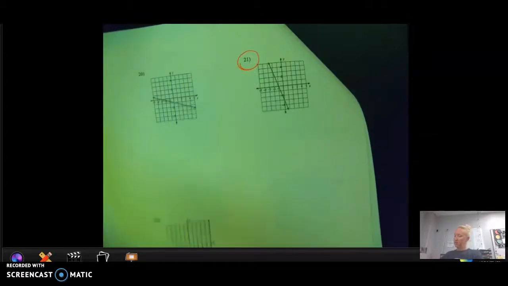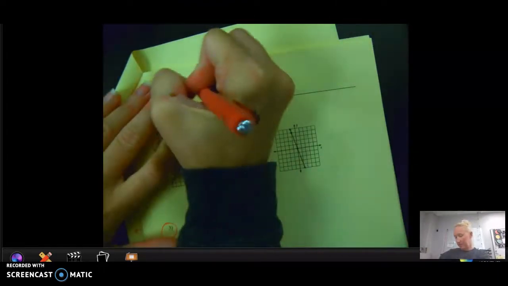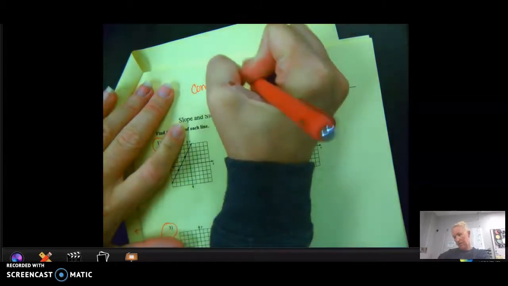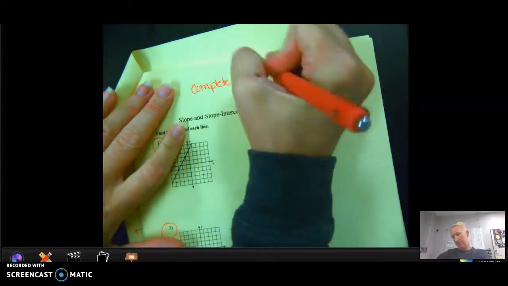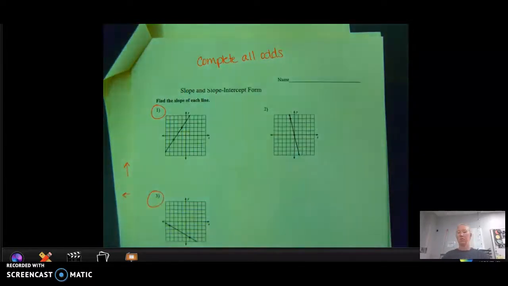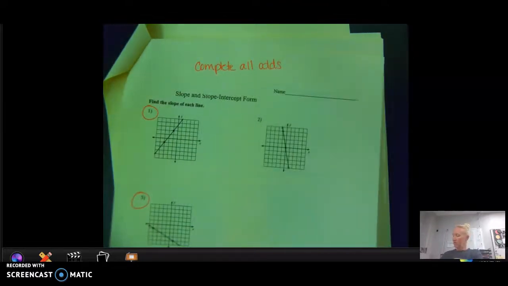So all the odds. So I'm going to go back to this page, and at the top I'm going to write down complete all odds. So I want for you to complete this worksheet and then do your Schoology assignment that goes along with this after you've done that. Okay.